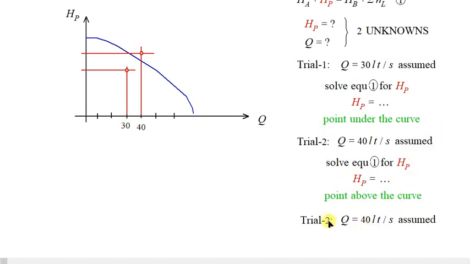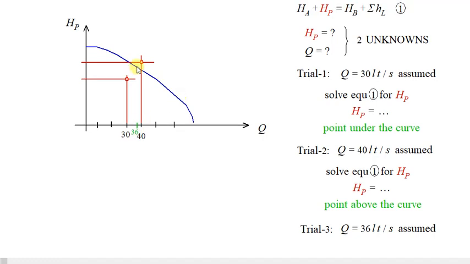How can we say trial 3? We can say it will be 35 liters per second. I am just assuming, or not 35, maybe I can say 36, like that. And look for 36, it will be somewhere here. After we solve for 36, directly the point, for example, now the point is on the curve.